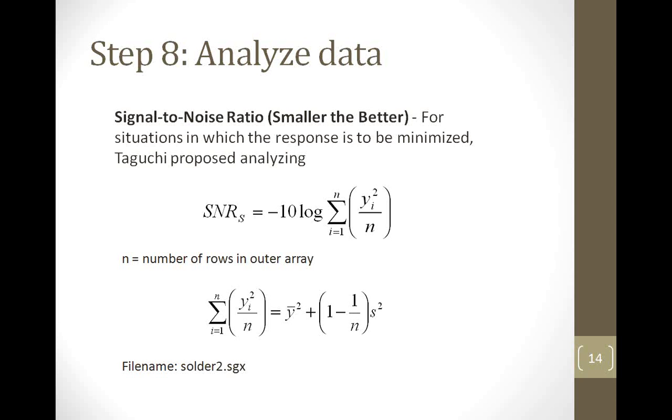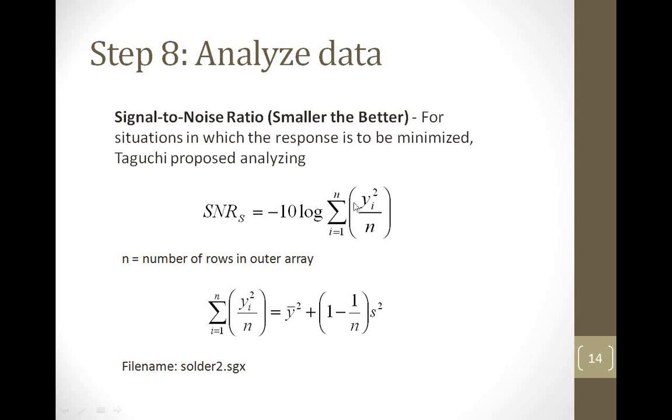And that's what Taguchi did. He came up with these signal-to-noise ratios that put both the mean and the standard deviation into one number, one response that we can then go ahead and optimize. Now, as far as this particular term, the one involving the yi squared over n, obviously we'd like to make that as small as possible.